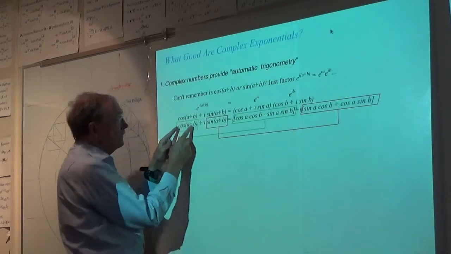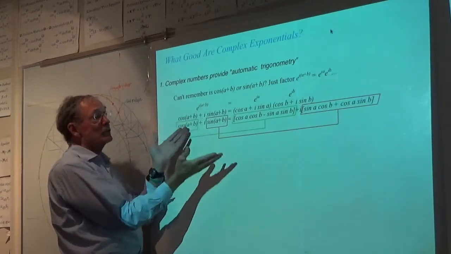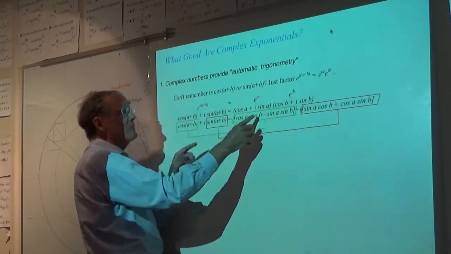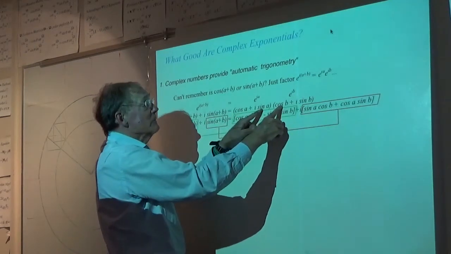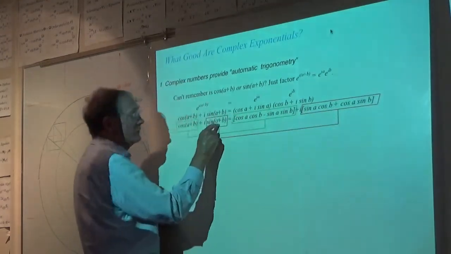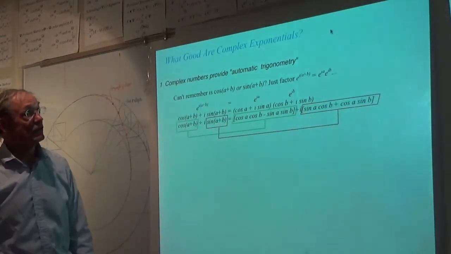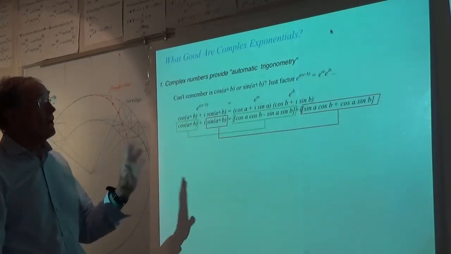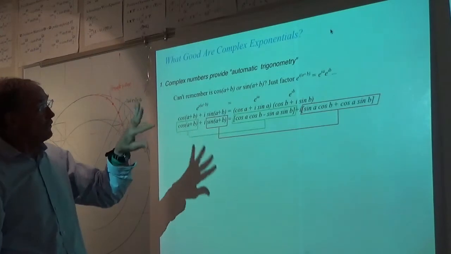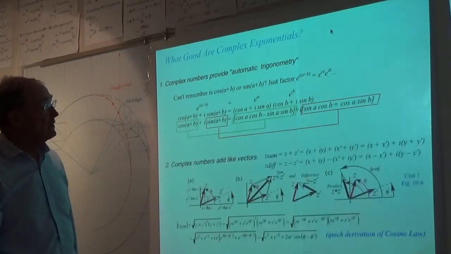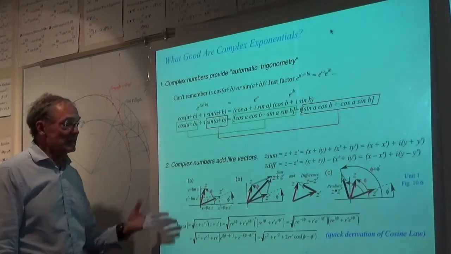That's going to be cosine(A plus B), but you're also in the bargain getting sine(A plus B) in the same expression. The imaginary term, sine A cosine B plus cosine A sine B, is the answer to that particular expansion. So it's this sort of thing that makes the phasors powerful because they can do this sort of trigonometric identity. This is just one of many trigonometric identities that you might want.